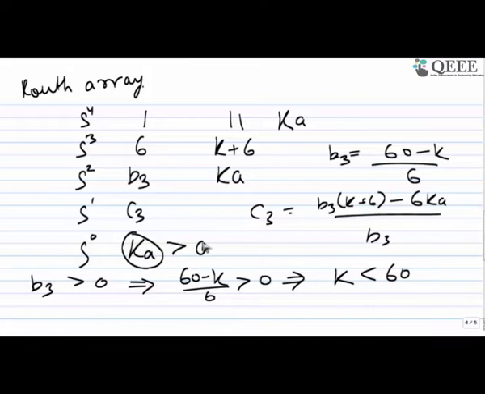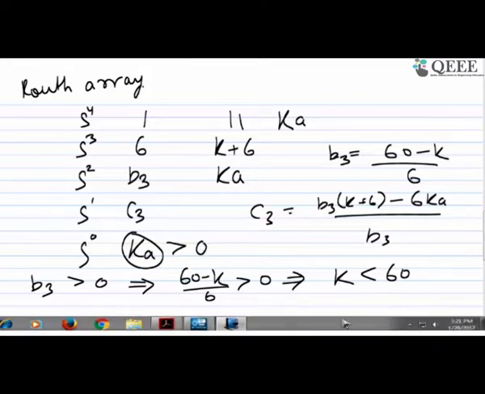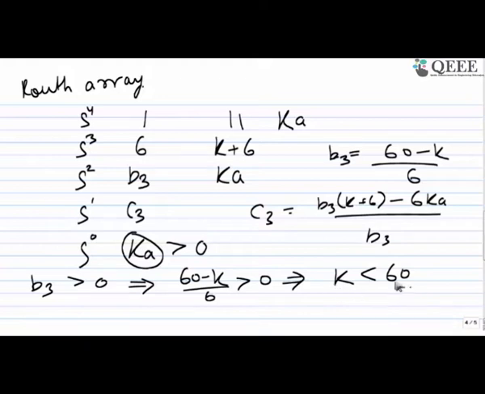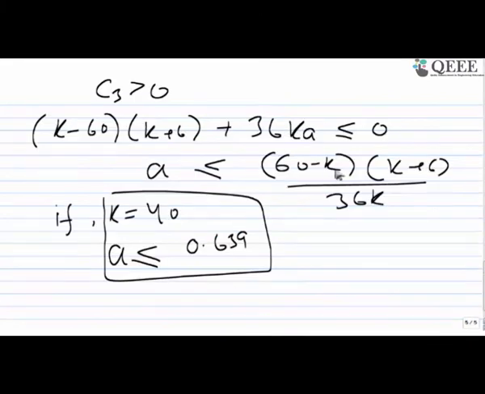And this is a very serious condition, because if K and A are both negative, this will at least satisfy this condition, and this will satisfy the other condition also, which says that K should be less than 60. So you need to see what is happening to A if K is negative. This is how you can design your controllers by taking into account the stability criteria only.